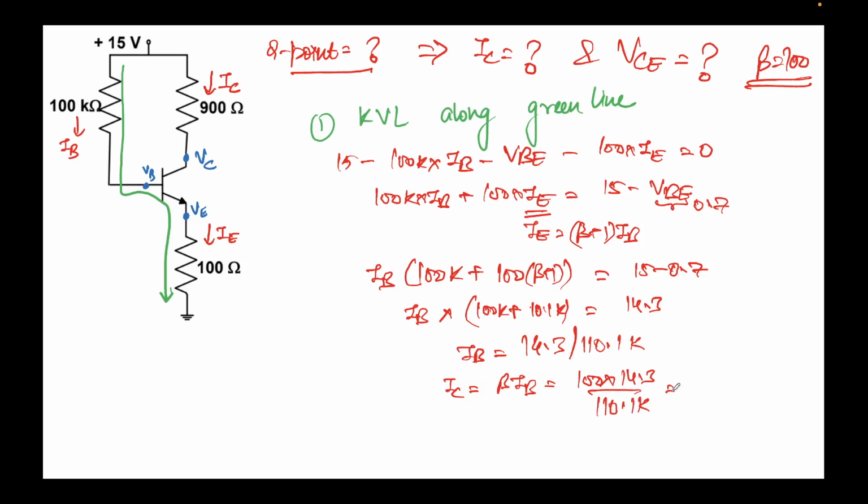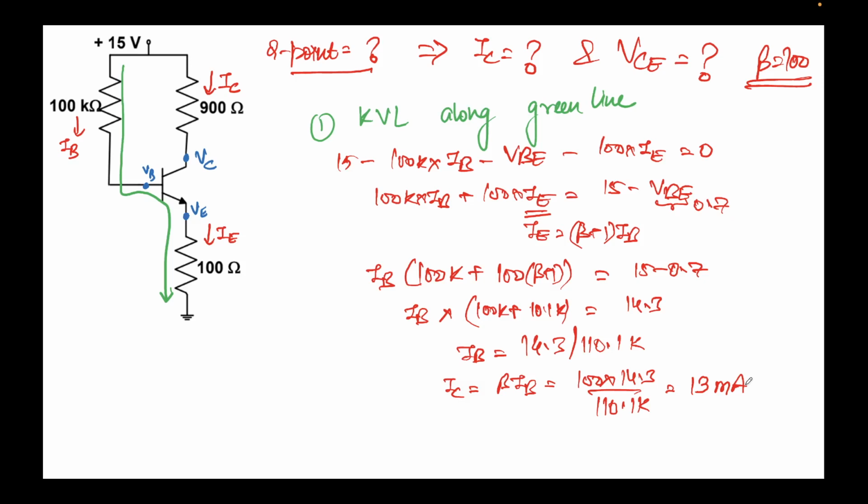If you go ahead and solve this, it will come out to be around 13 milliamperes. So we have obtained that the collector current is nothing but 13 milliamperes.